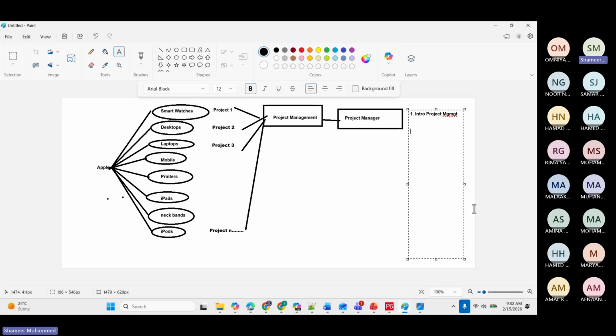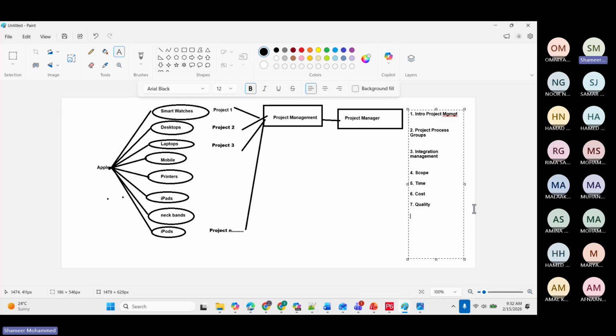So I am teaching you number one, introduction to project management. Number two, integration, process groups. Number three, scope integration management. Number four, scope management. Number five, time management. Number six, cost management. Number seven, quality.